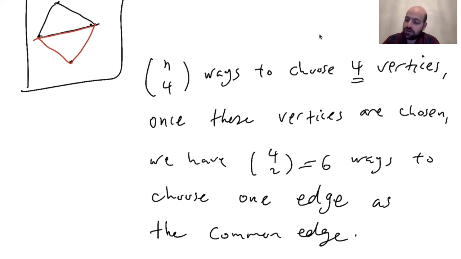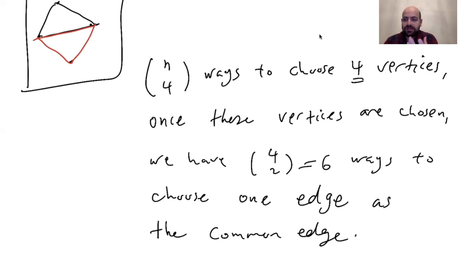And in total, how many edges should appear here? So 1, 2, 3, 4, 5 edges should appear in total. Again, because 2 triangles means 6 edges, but 1 edge is common, so 5 edges. And each edge appears with probability p. So p to power 5 is the probability of appearing these 2 triangles.